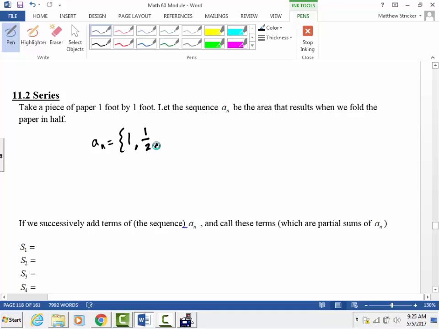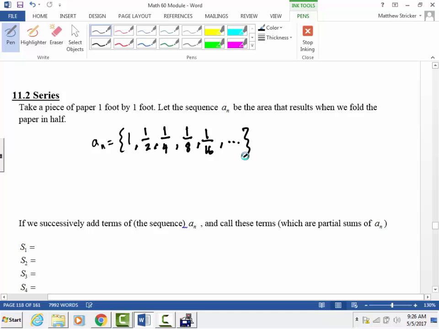Okay, if I fold it in half again, what are the dimensions now? 1/2 by 1/2, so that area is 1/4. If I fold it in half again, this dimension is still 1/2, but this is now half of 1/2, which is 1/4. 1/2 times 1/4 is 1/8. And can you see where this pattern's going? So this is 1/8. What's the next one going to be? 1/16, and so on.